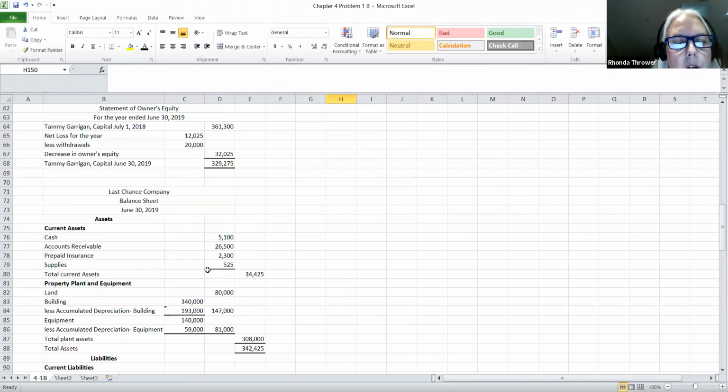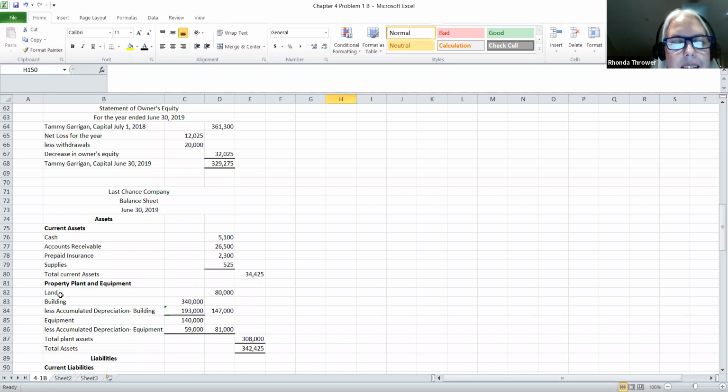Once you've listed all your current assets, you're going to total them up. When you combine all these together, that total is $34,425. Then we will list our fixed assets next, which consist of property, plant, and equipment.